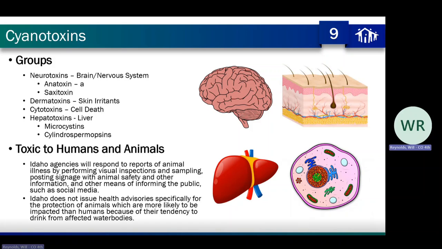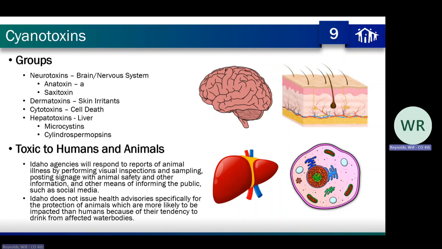So jumping from cyanobacteria and HABs themselves into the toxins that are released by them. There are different groups of toxins that are grouped by what areas of the body they impact. So we have neurotoxins, which of course affect the brain and nervous system.